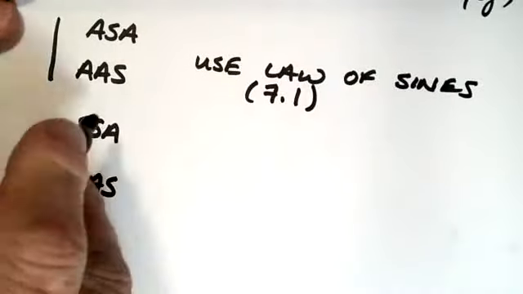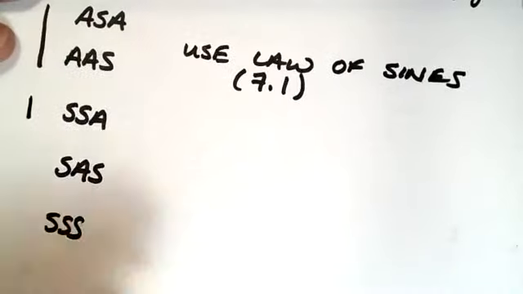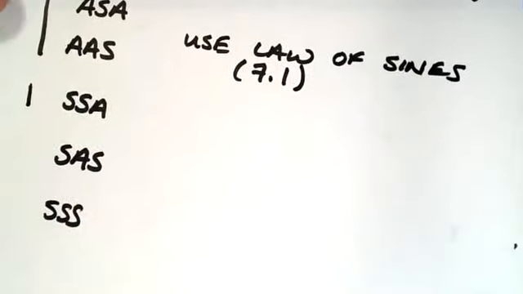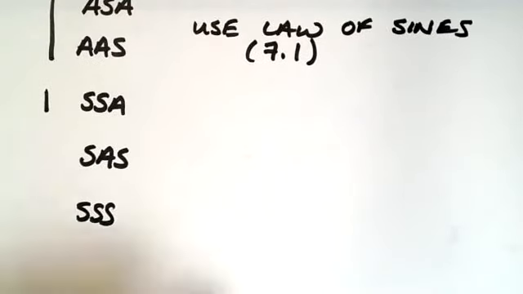Now, this one actually also uses the law of sines, but we have some special criteria. We have to go in and check and say, well, is it a triangle that can exist? Is it a situation where there's only one triangle? Is it a situation where there's possibly two triangles? And once we decide which one it is, then we can go in and solve, maybe for both or one, or not have to solve anything at all.